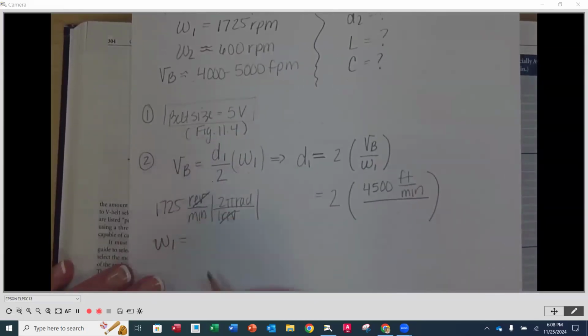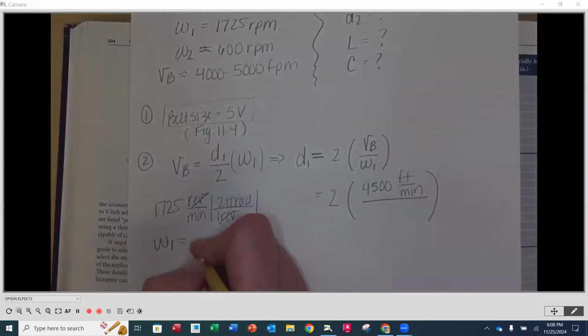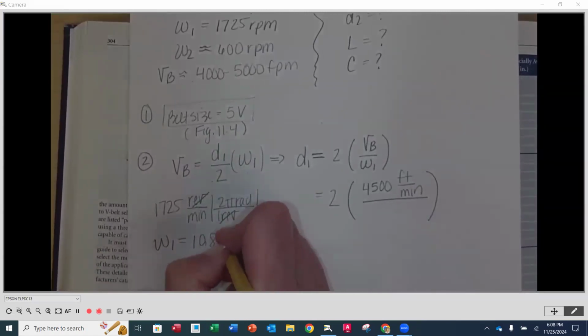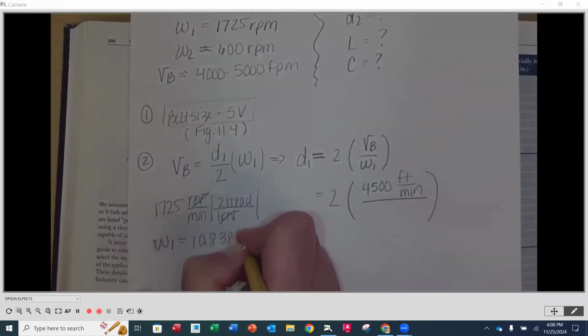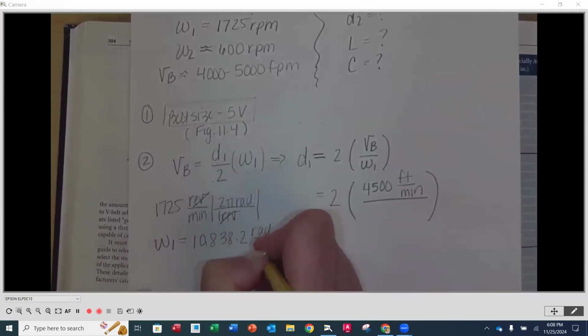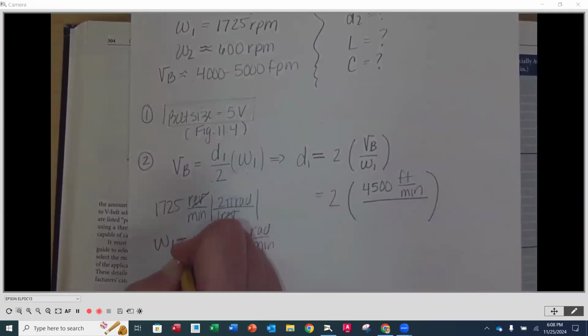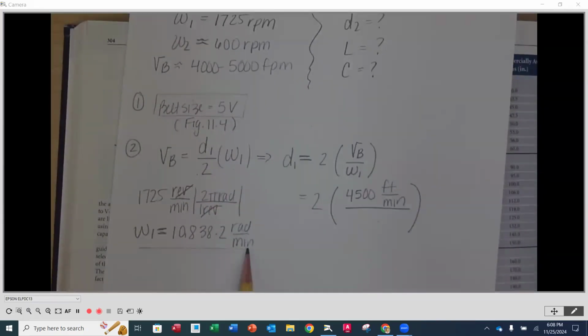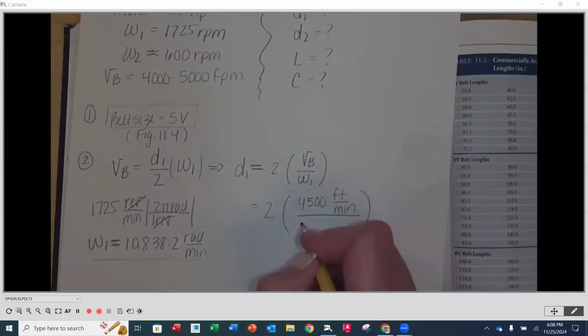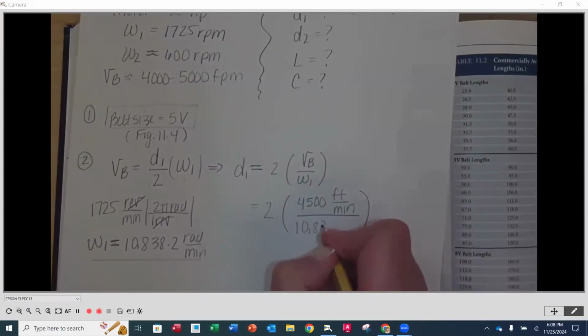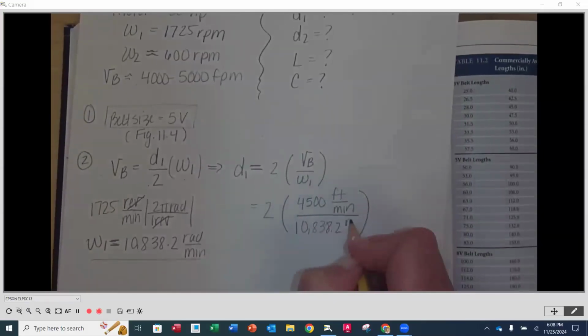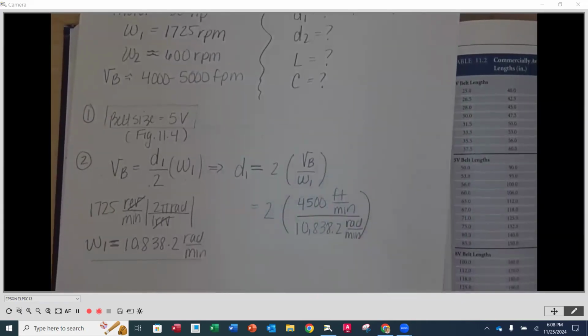And my W1 looks like it's going to be 10,838.2. Does that sound right? That value? And I'm going to plug that in underneath here. So that's going to be 10,838.2 radians per minute. Okay.